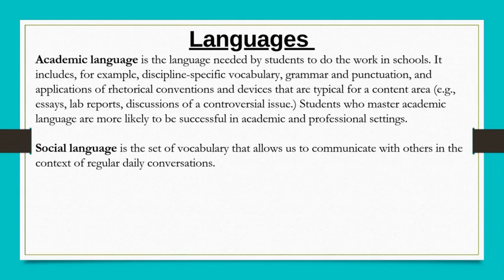So let's proceed on languages. Academic language is the language needed by students to do the work in schools. It includes, for example, discipline-specific vocabulary, grammar, and punctuation, and application of rhetorical conventions and devices that are typical for a content area, such as essays, lab reports, and discussions of a controversial issue. So students who master academic language are more likely to be successful in academic and professional settings.